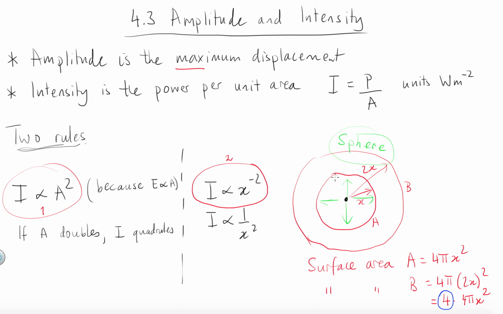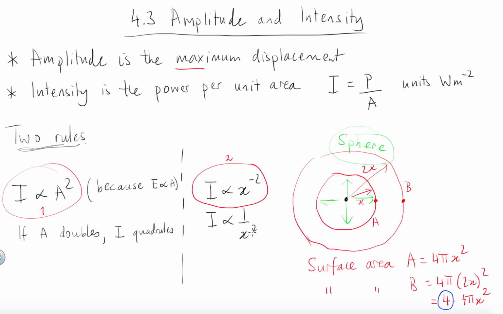So if I was to compare the intensity at point A, on the edge of this sphere here, the surface area would be 4 pi x squared, whereas if I was at a point B on the second sphere, which is double the distance from the point source, the energy would be spread out over a sphere of 4 pi times (2x) squared, which is 4 times as large as surface area A. Therefore the intensity would decrease by a factor 4, since intensity is inversely proportional to area.